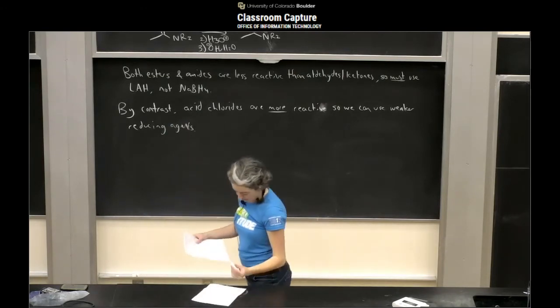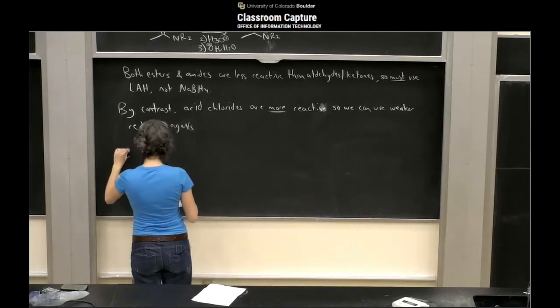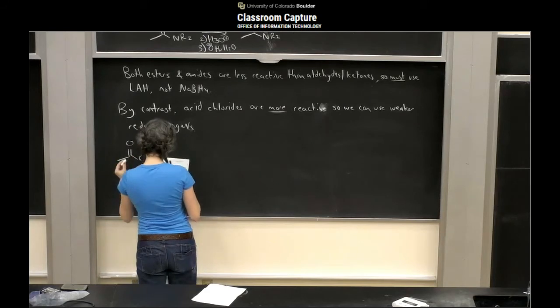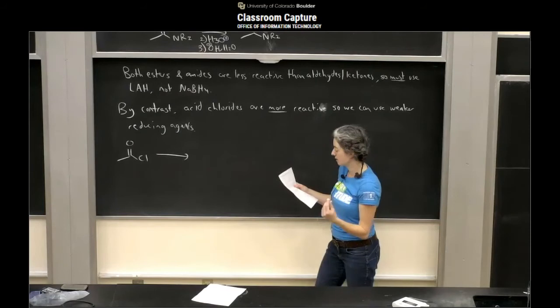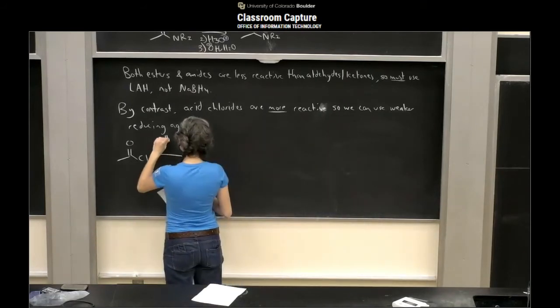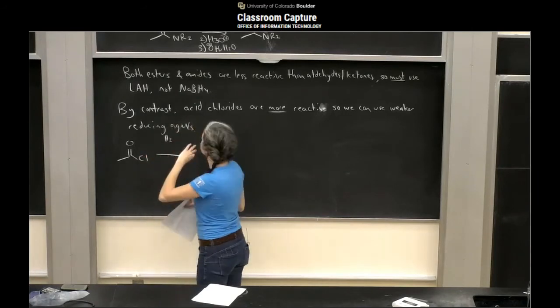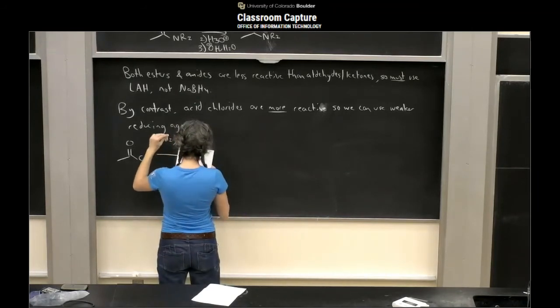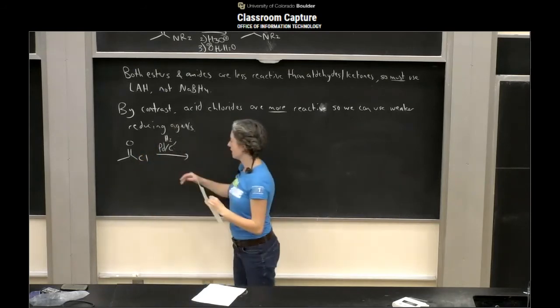Okay, so one of these that we're going to look at is actually a relative of the Lindlar catalyst. So we're going to use a catalyst that's kind of like Lindlar.